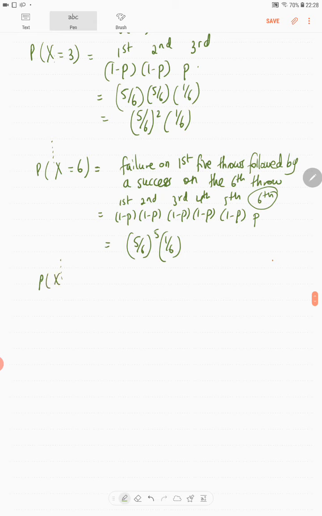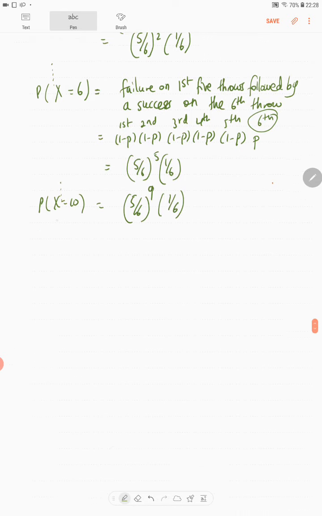For probability x is equal to 10, we will have 5 over 6, so we will have 9 failures before. So it becomes power 9. And then on the 10th row, we will get 6, so times 1 over 6.